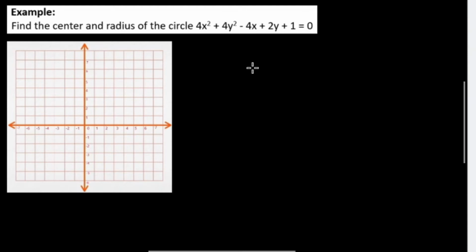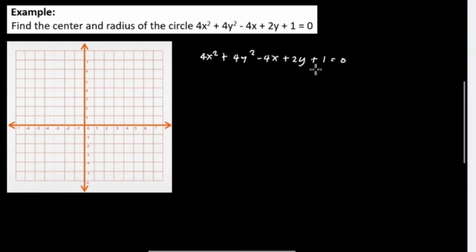So let's copy first the equation of the circle, which is 4x squared plus 4y squared minus 4x plus 2y plus 1 is equal to 0. To find the center and radius of the circle, we will transpose first the constant term to the right and divide everything by the coefficient of x squared and y squared, which is 4.